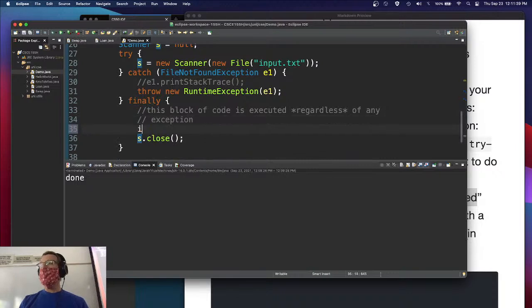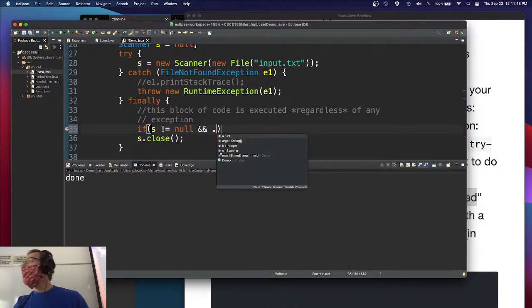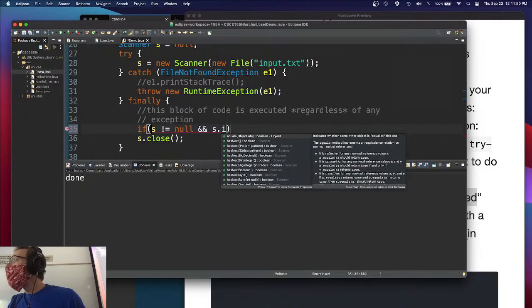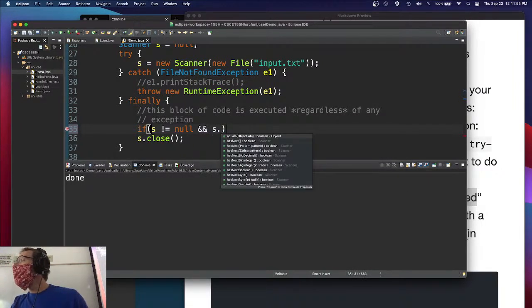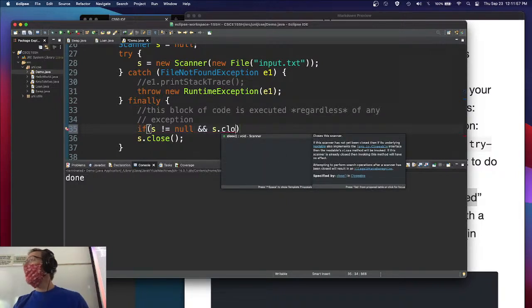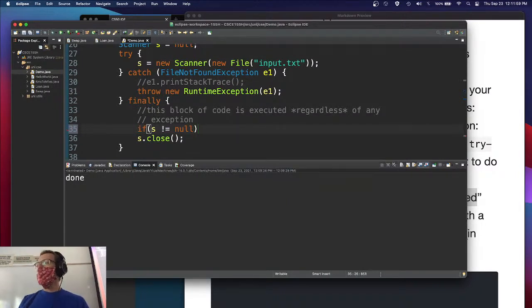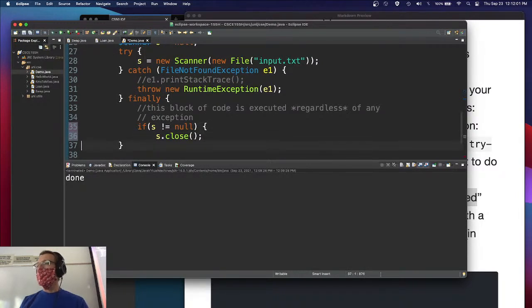And you can also say if s is not null, and then s dot close. I just want to make sure that it's not null so I don't invoke yet another null pointer exception, and then I'll close it. If it's already closed, I think that this is a no operation. That would be my guess.